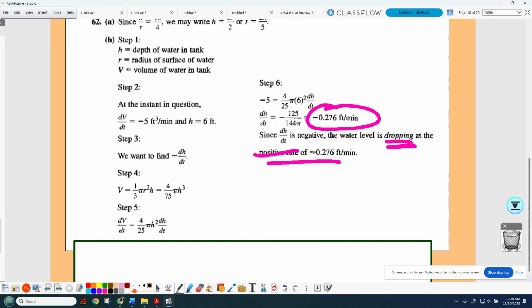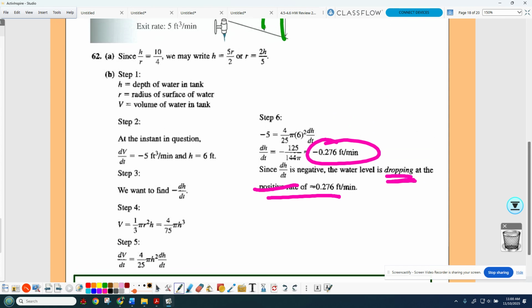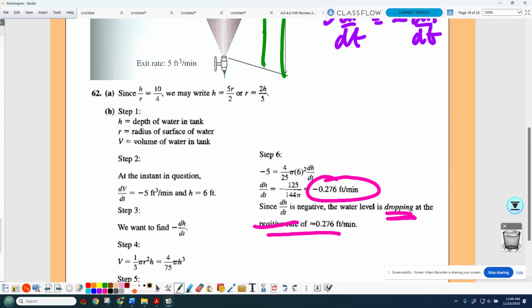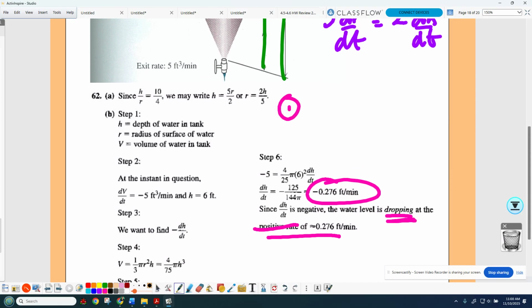Wait, so like on the AP test, for example, if we get like that last bit wrong, do we get that whole thing wrong? No, so we'll go over what the grading rubrics look like, and often it's a point to show the relationship of R to H, and then a point to substitute out one of the variables.